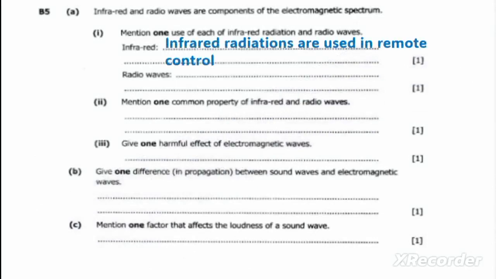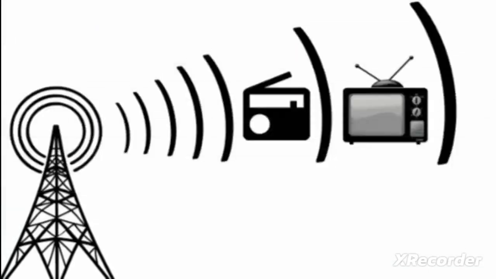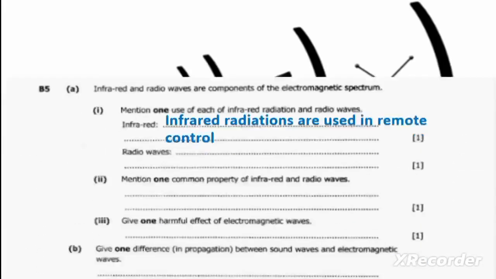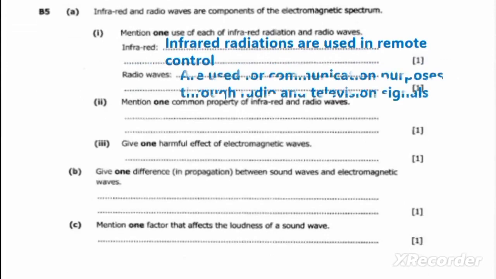Radio waves are used for communication purposes. So because of the radio waves, our radios and our TVs are able to receive signals. Therefore, we are going to say they are used for communication purposes through radio and television signals.